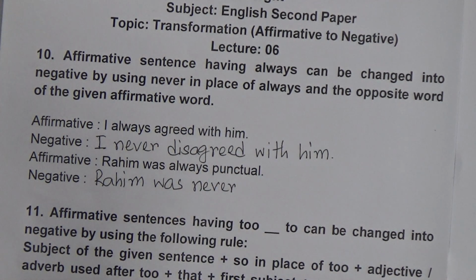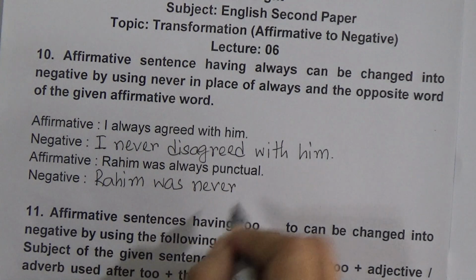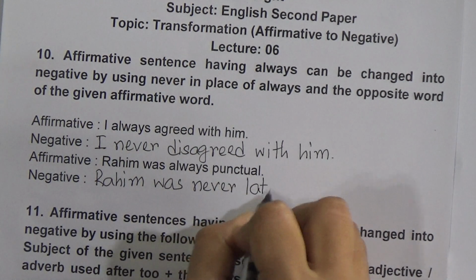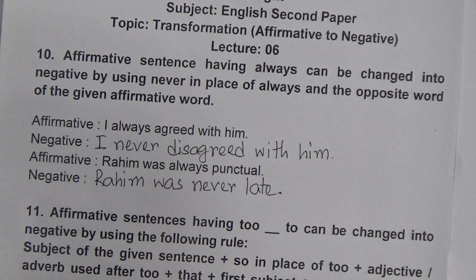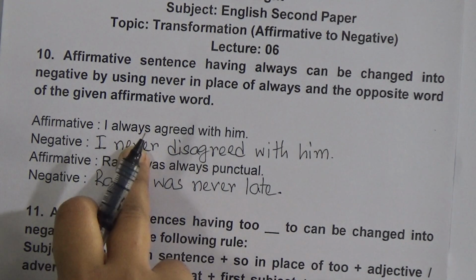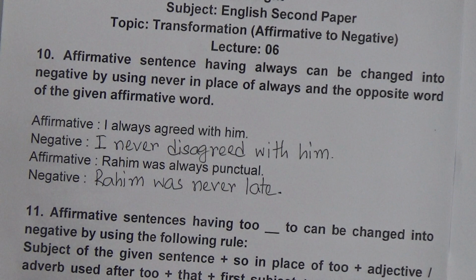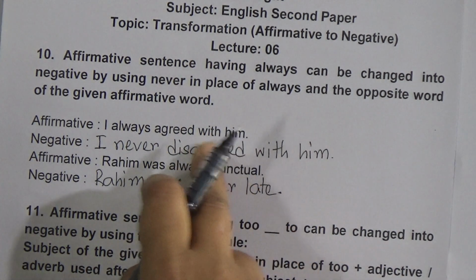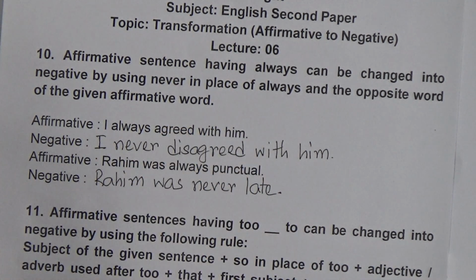So what is the opposite of punctual? Late. So Rahim was never late. So if you find always in the affirmative sentence and if you want to make it negative, you will write never in the place of always and you will write the opposite word of the given affirmative word.